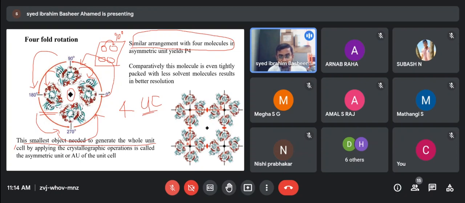So in this arrangement I want to have four molecules. This smallest object needs to generate the whole unit cell by applying crystallographic, symmetry operations, which is called the asymmetric unit.